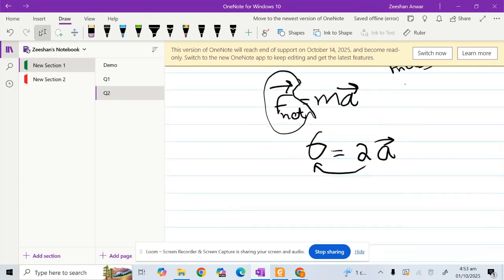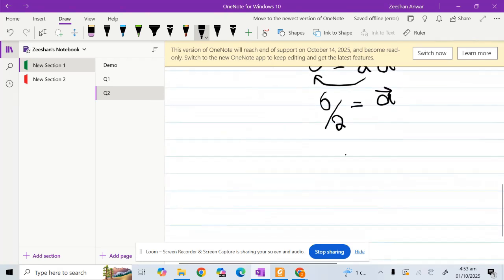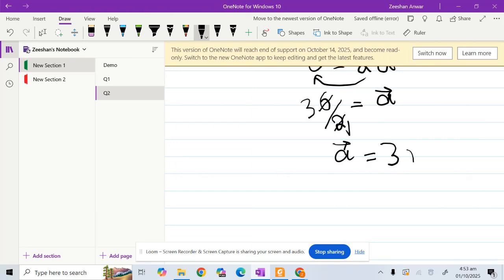As per mathematics rules, this will be dividing on the other side. So 6 divided by 2 is equal to acceleration. 2 multiply 1 is 2, 2 multiply 3 is 6, so we get 3 meter per second square.